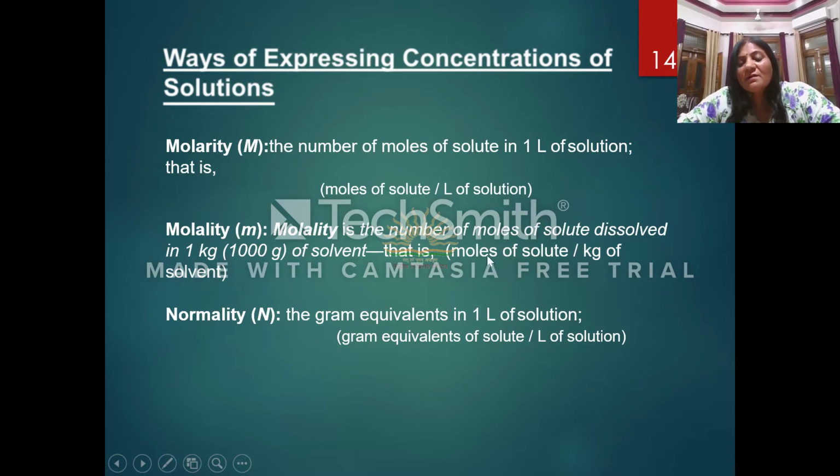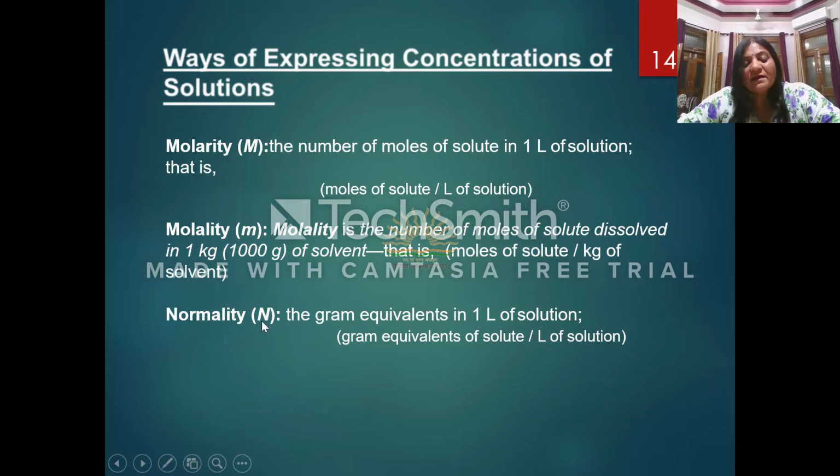That is, the number of moles of solute divided by the mass of the solvent in 1 kg or 1000 gram. This is simply a mass ratio. So this concentration expression is not affected by temperature, so it is taken universally throughout the world.